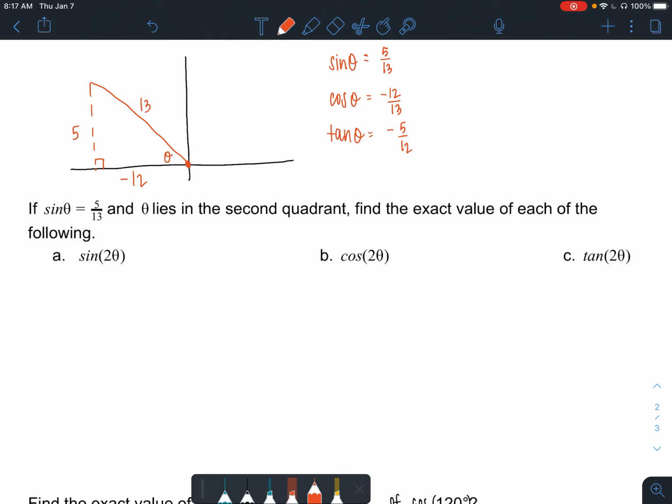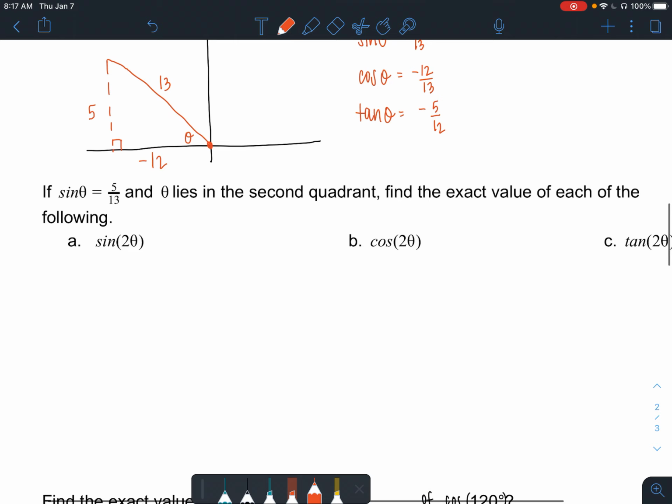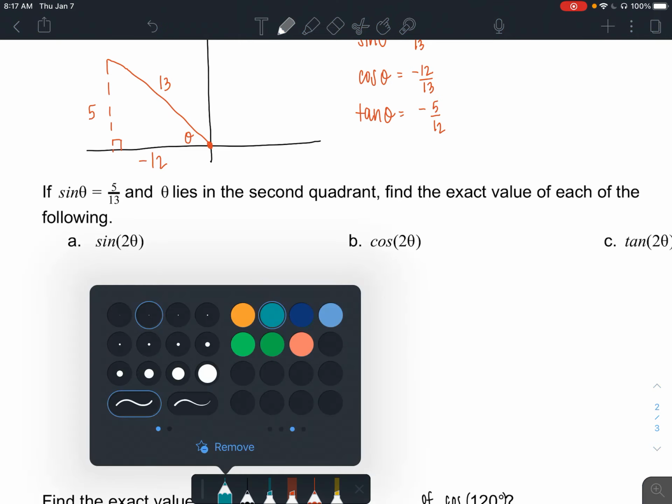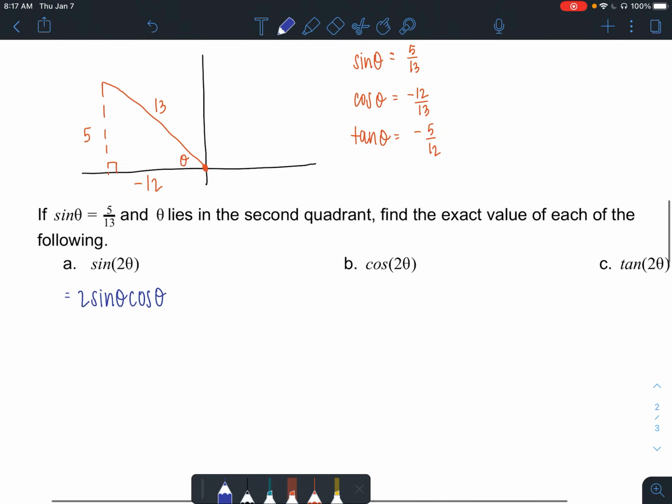All right, so let's use our formula. So sine of 2 theta is equal to 2 sine theta cosine theta. Now it's just a plug and chug. All I have to do is plug in.